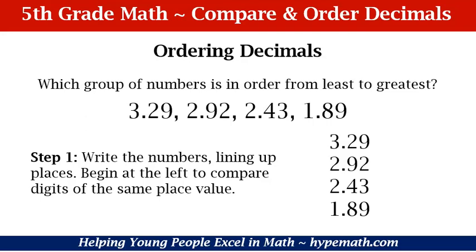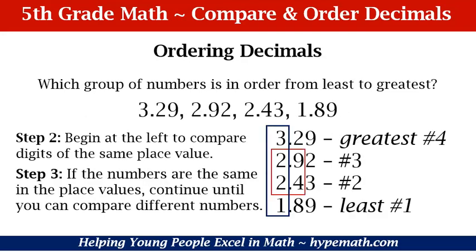And we are going to begin comparing from the left to the right of the same place value. Step 2, looking at the place value, we can see that we have two numbers that are the same in the ones place and two numbers that are not the same, okay? So let's look at these numbers. We can stop here since all of our numbers are not the same.